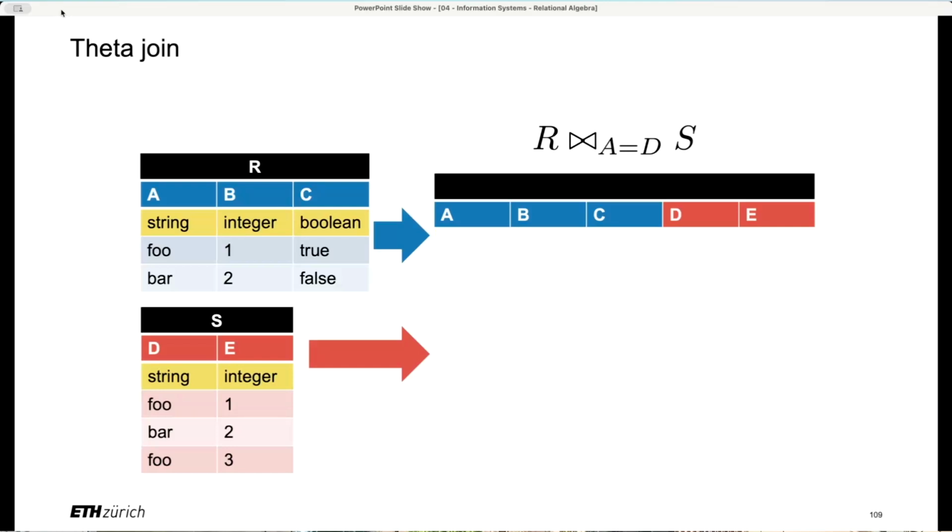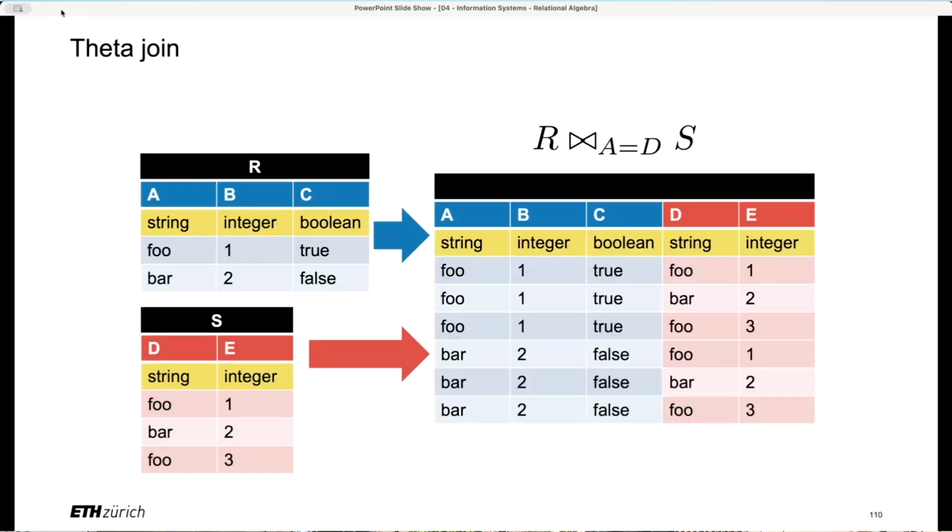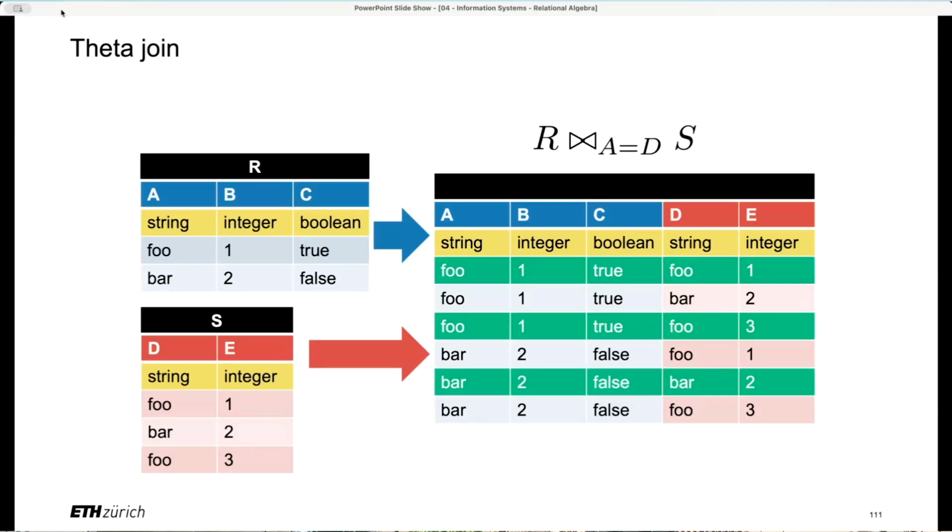Do you see that when I showed you the theta join, we computed a Cartesian product in our minds because we look at all combinations. So it's first a Cartesian product, followed by, what is it called when I specifically pick the ones that have A equals D? What is it called in the relational algebra? When I select specific rows, it's called the selection, right?